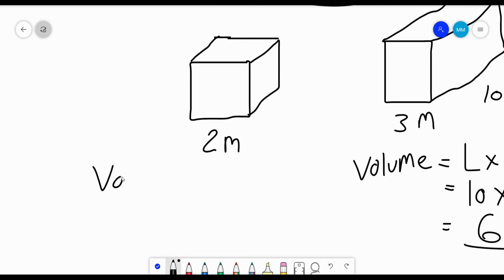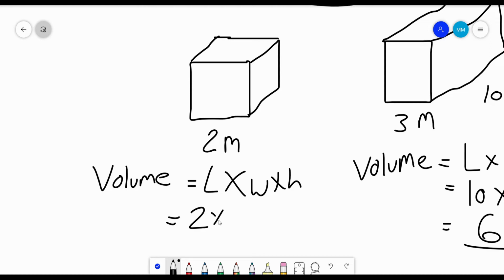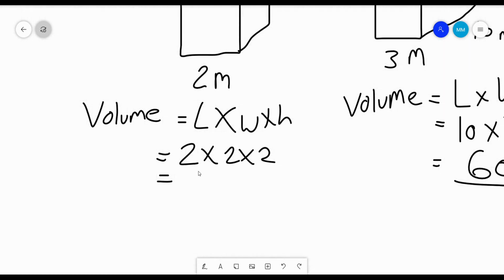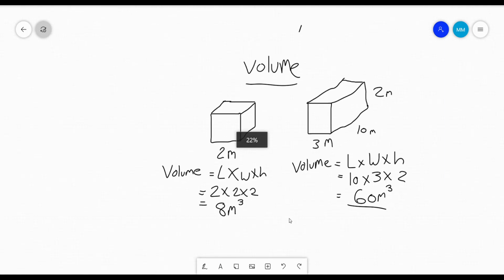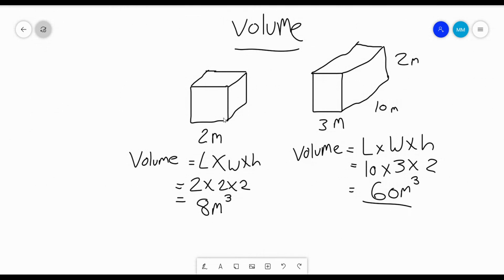So volume equals length times width times height, which equals 2 times 2 times 2, which equals 2 times 2 is 4, times 2 is 8, 8 meters cubed. So that is 2 volume puzzles worked out. This one was the cube, and this is the cuboid.